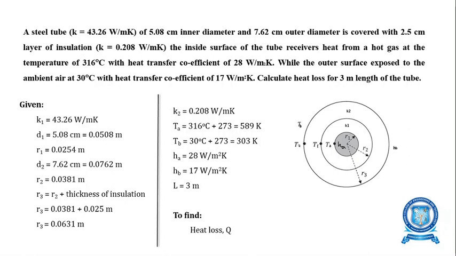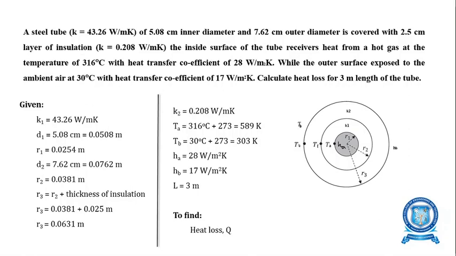So over the cylindrical surface, there is an insulation. The insulation has been provided with a thickness of 2.5 centimeter. Here they have given 2.5 centimeter layer of insulation, that is, it represents the thickness of insulation, and the K value is given as 0.208 watts per meter Kelvin.